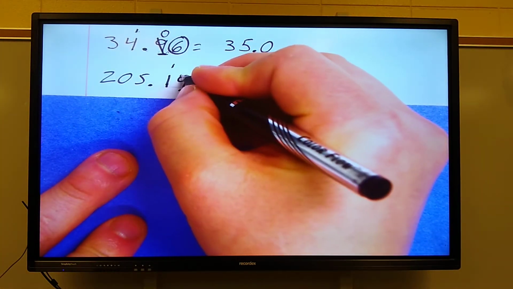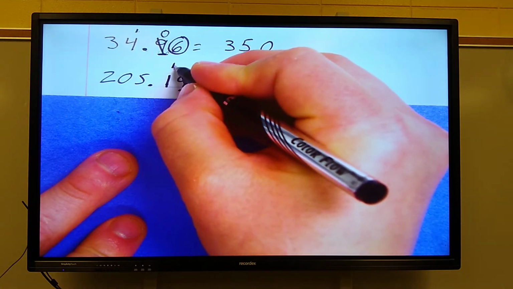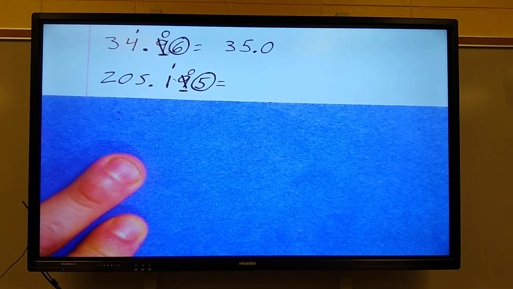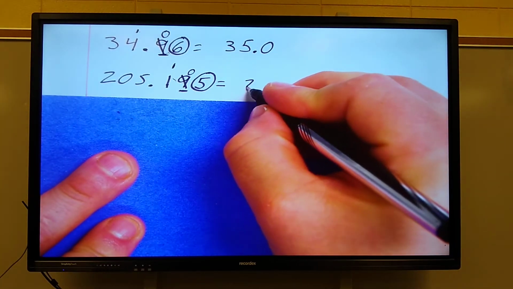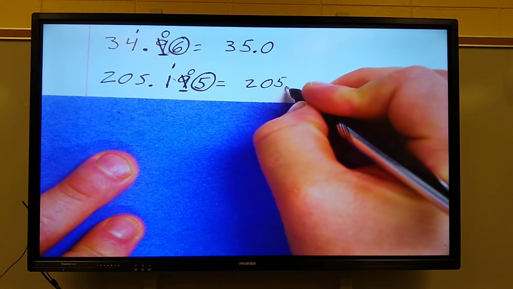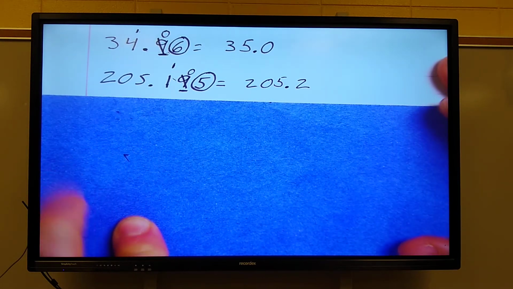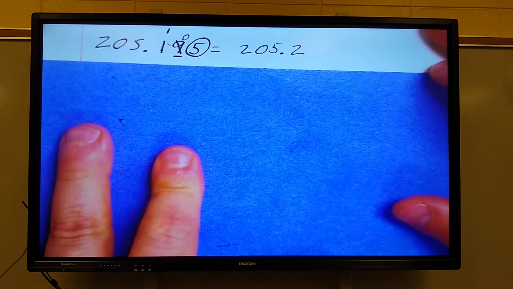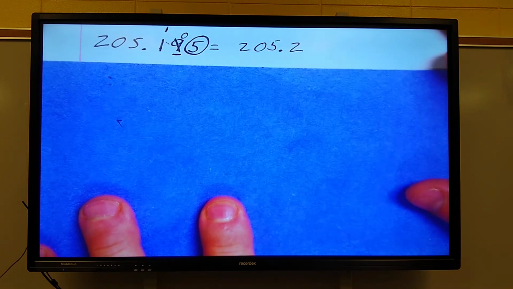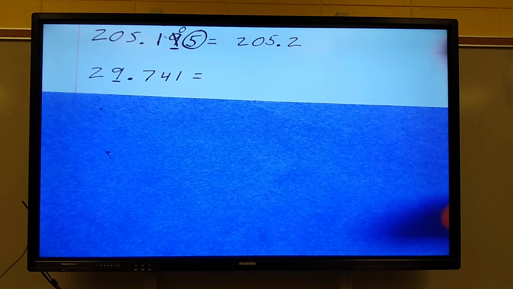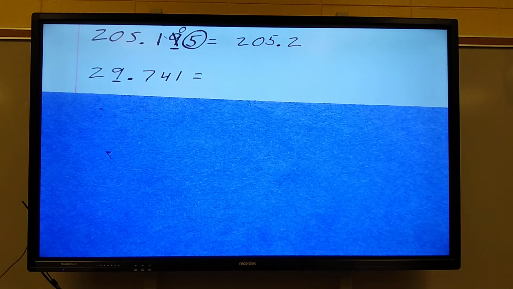That means this becomes a 0. I carry the 1. 1 plus 1 is 2. My answer is 205 and 2 tenths. There we have it. You try. I'll leave that one there for an example. Pause the video and round that 9.